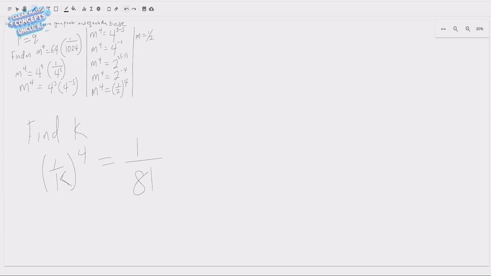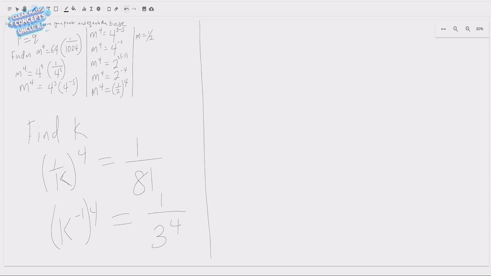So this is k raised to the power -4, right? Let's do it properly. Can 81 be written as a number raised to the power 4? Yes, 3. So that is 1 over 3 raised to the power 4, right?